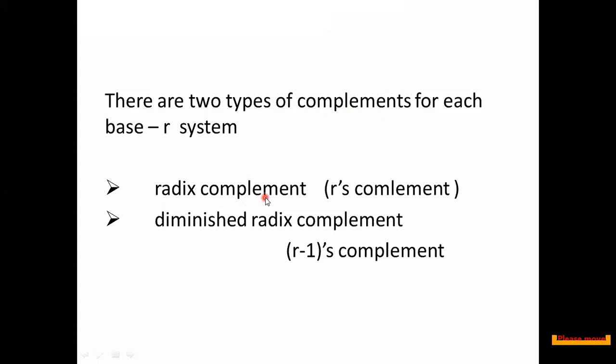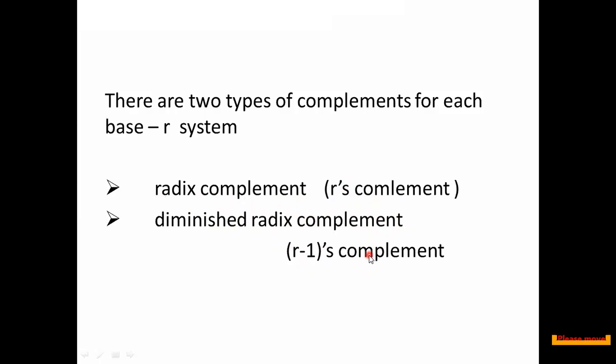Those will be radix complement, base or radix, both are same. So one complement is radix complement, that will be known as R's complement. The next one is diminished radix complement, that means R minus 1's complement.